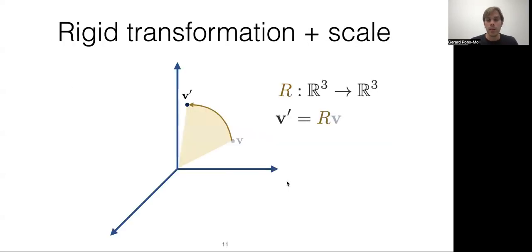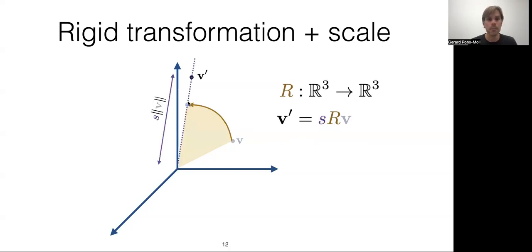Okay, so geometrically, this means that when we apply a rotation to a vertex, it rotates about the origin, about some axis of rotation, as you can see here. If we apply a scaling, it means that we're pushing the vertex further away from the origin in the direction that connects the origin and the point, or we are bringing the point closer.